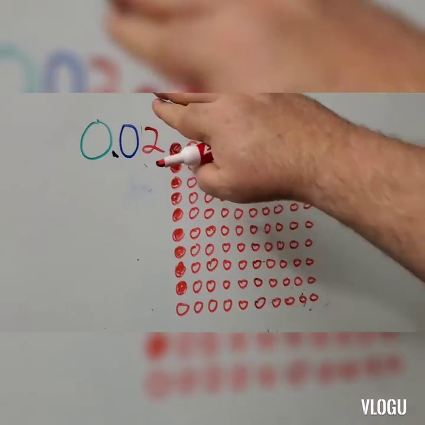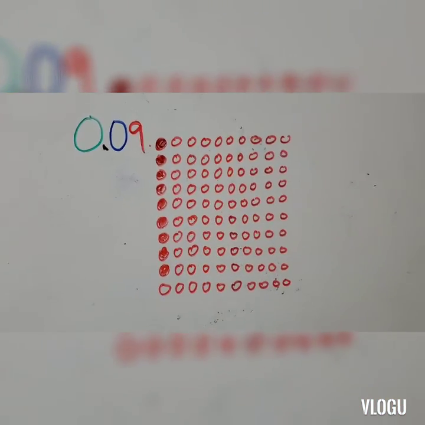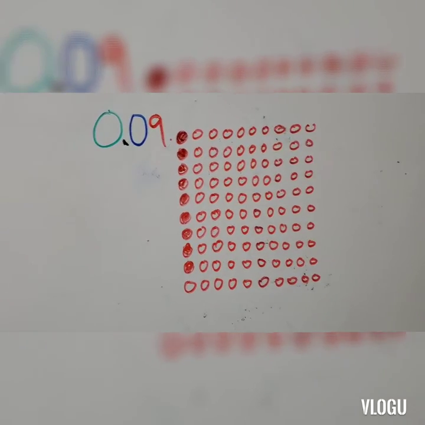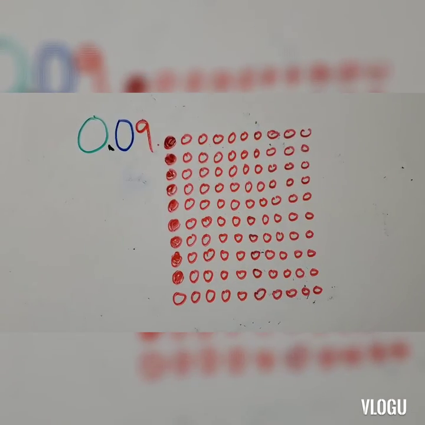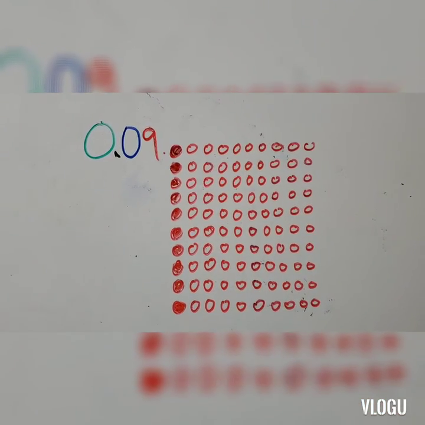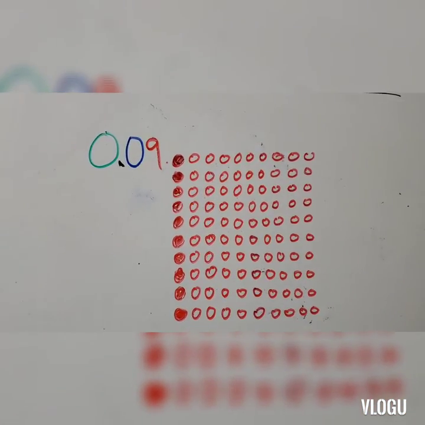All the way up to here, now I have 0 and 9/100ths. If I add one more, this 9 becomes a 10.